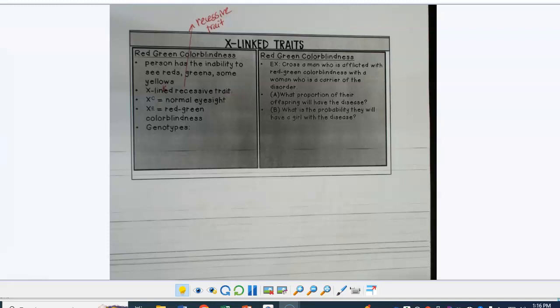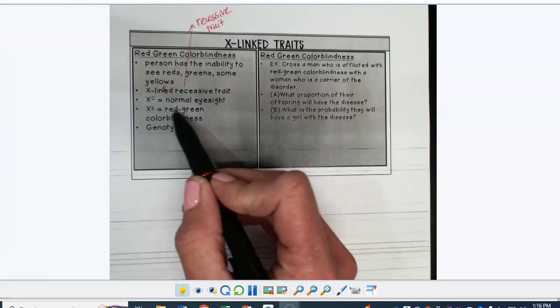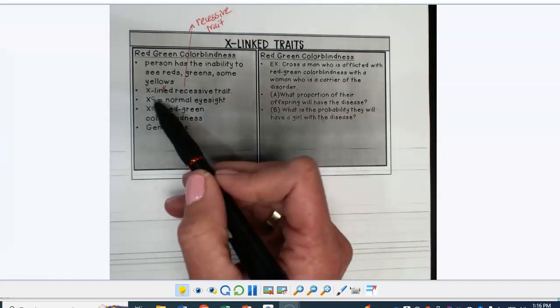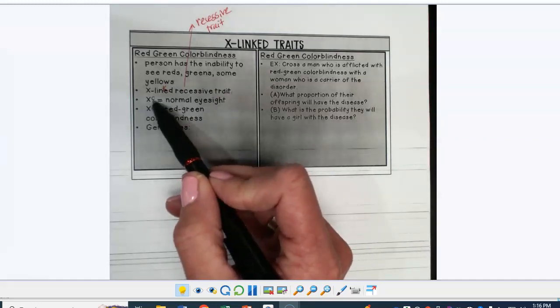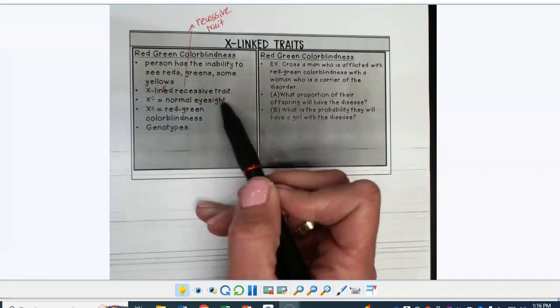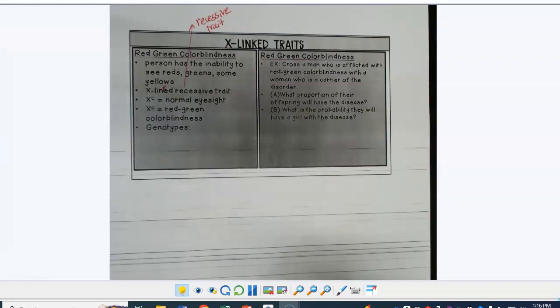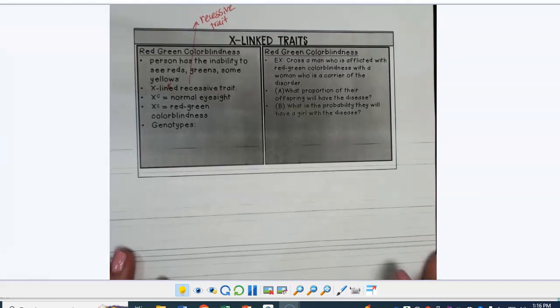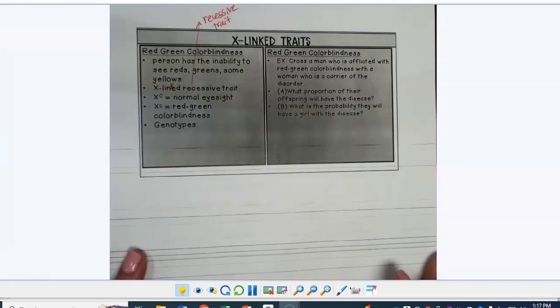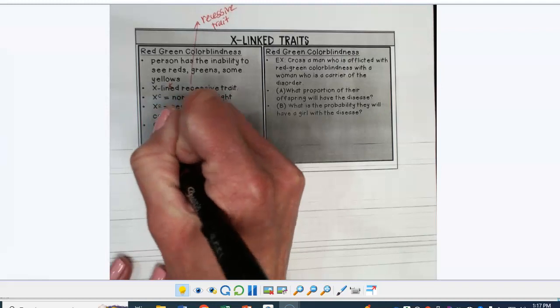So you have to have 2 of the lowercase c's to have red-green color blindness. If the guy has 1 dominant allele, he'll have normal eyesight. If the woman has 1 dominant allele, she's going to have normal eyesight. Our genotypes are going to be very, very similar. Let's start with the females.